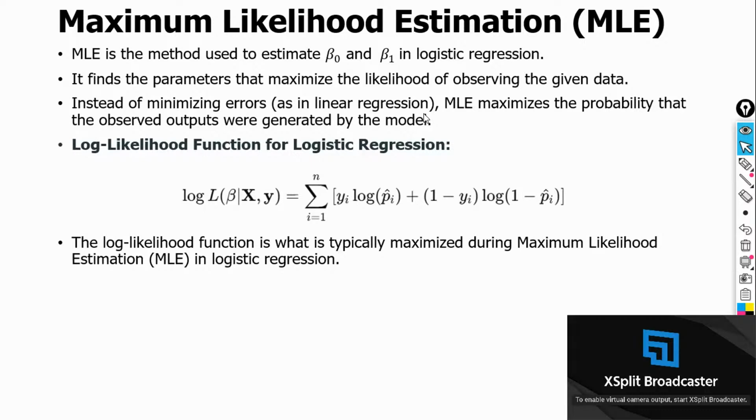In linear regression, which technique helps to find the best fit line? Which technique did we use to find the best fit line? We get this best fit line across the scatter plot.